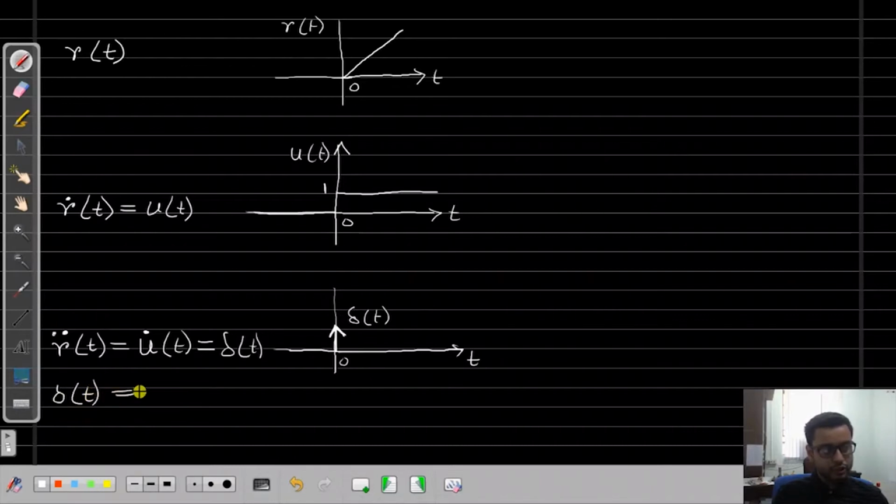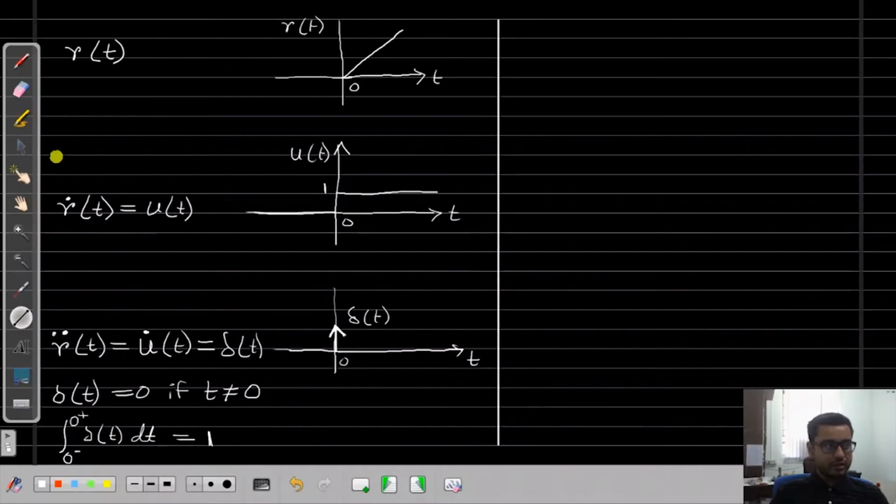Delta t is equal to 0 if time is not 0, and the integration of delta t dt from minus infinity to plus infinity, or within a narrow region surrounding t equal to 0, that is from 0 minus to 0 plus, this integration or the area under the curve is 1. So this is the definition of delta t.